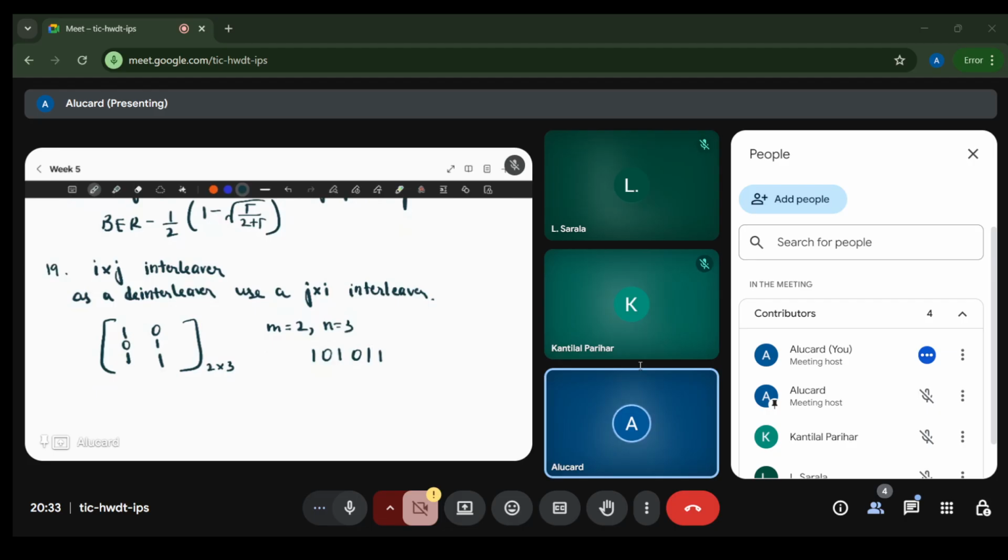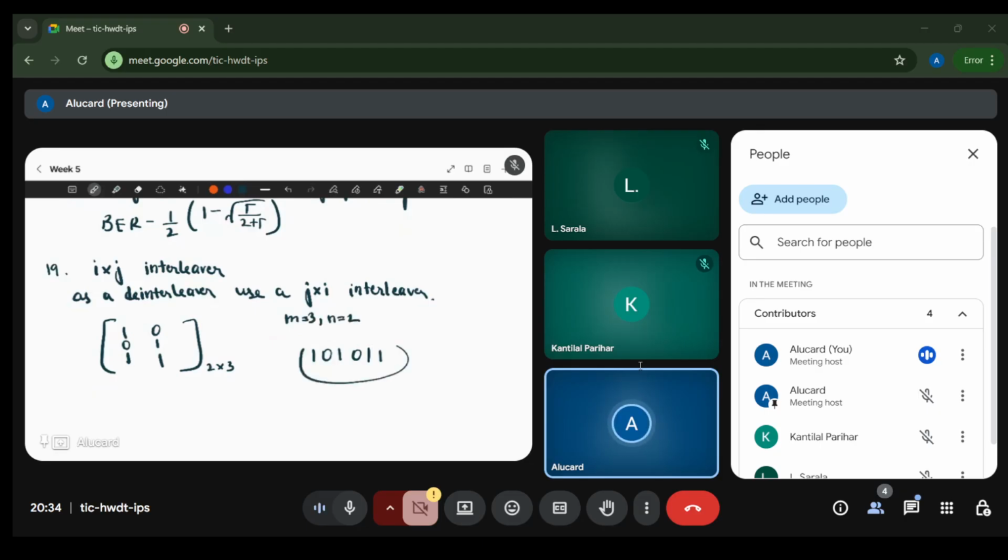Let me see if I can cook up an example. Sorry, in this example, m is 3 and n is 2.